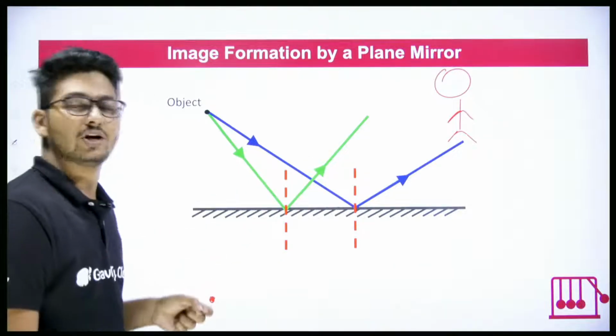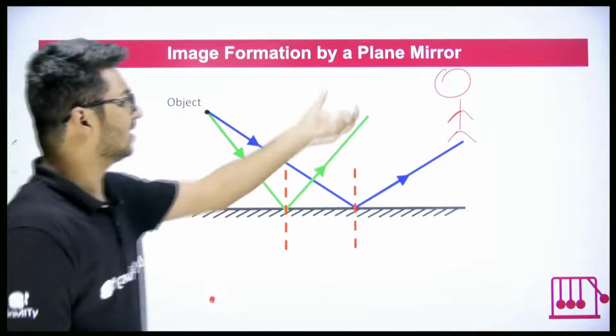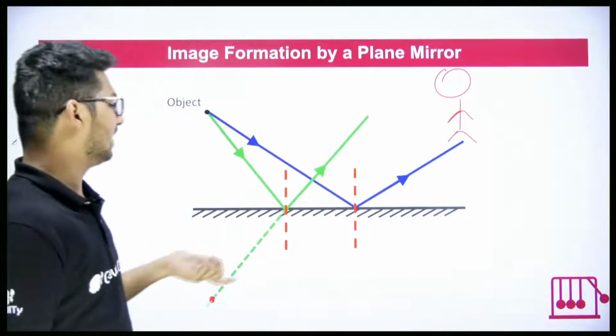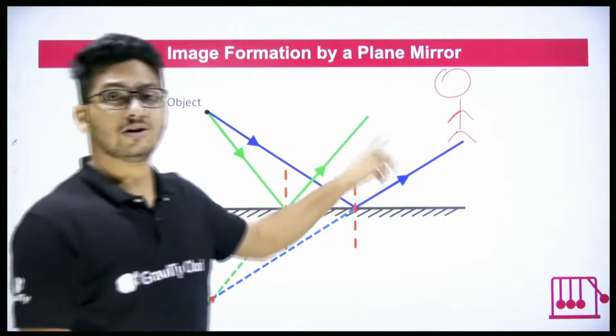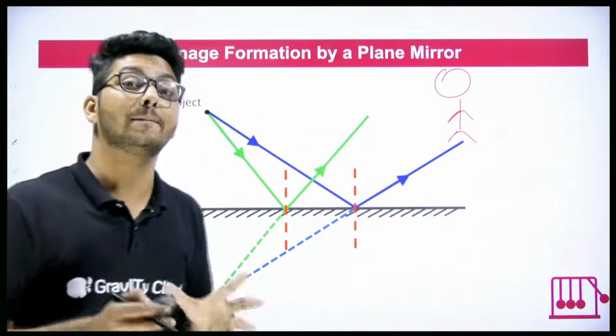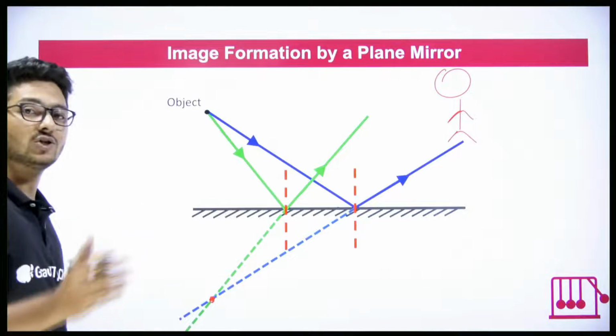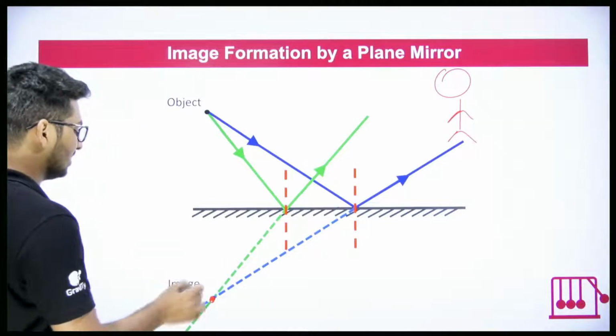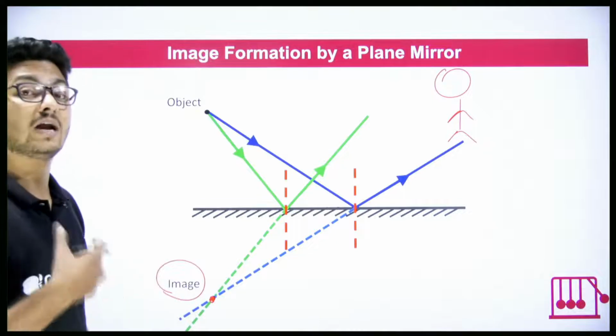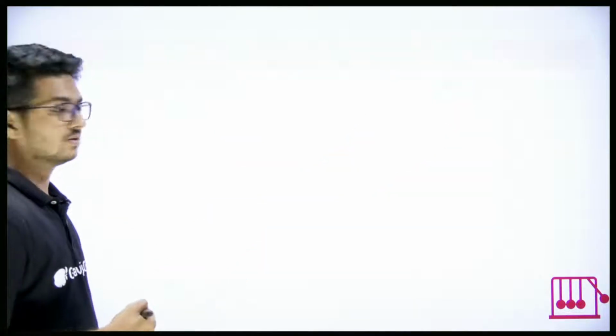No. When you extend them back, they appear to meet. They are not actually meeting, but they appear to meet. So these types of images are called virtual images.